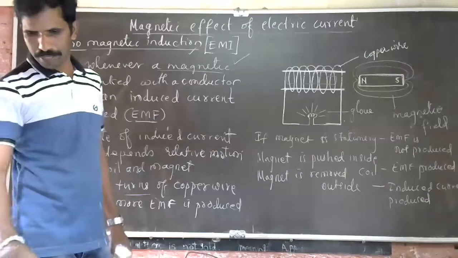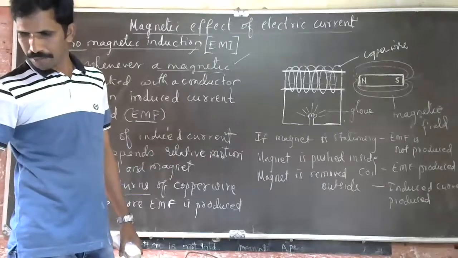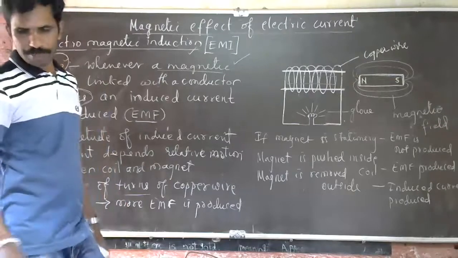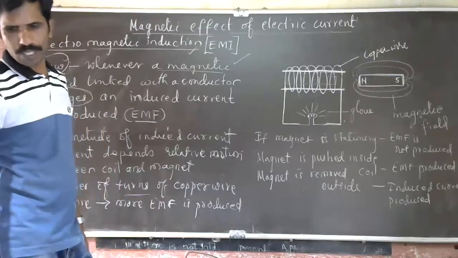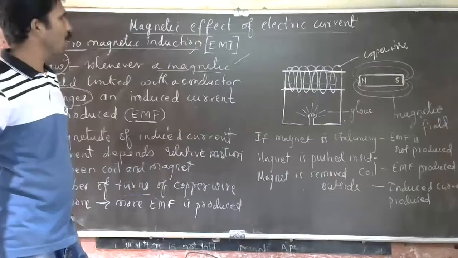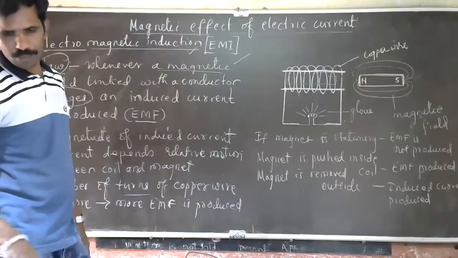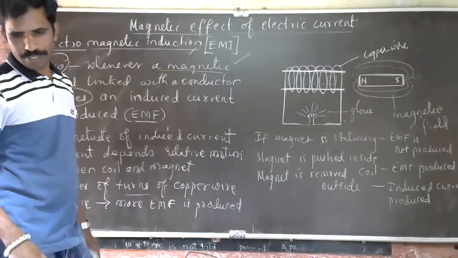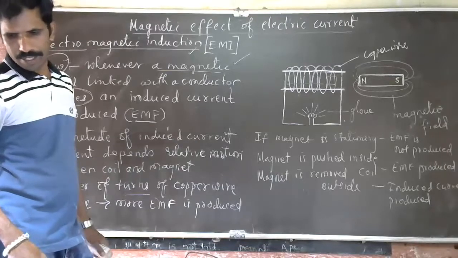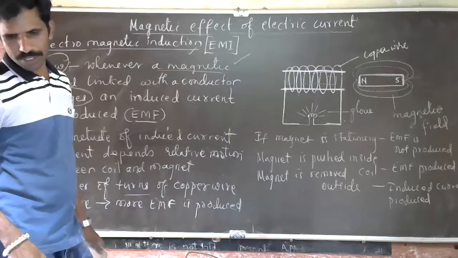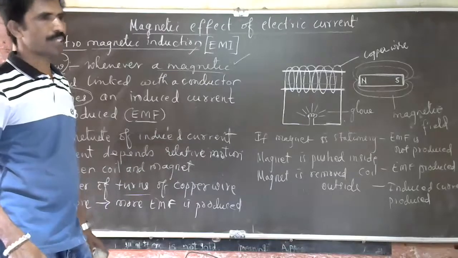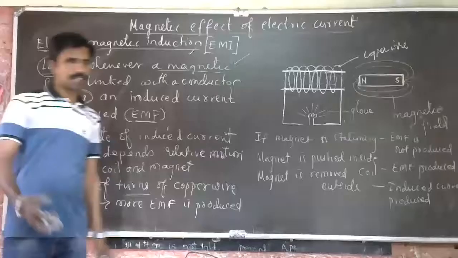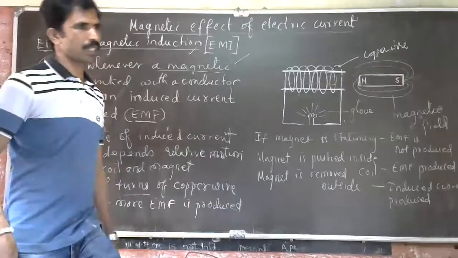On page number 127, they have given about electromagnetic induction, and on page number 128, they have given the demonstration of Michael Faraday. Michael Faraday was an experimental physicist. He had no formal education. That's why we say experience makes a man perfect.